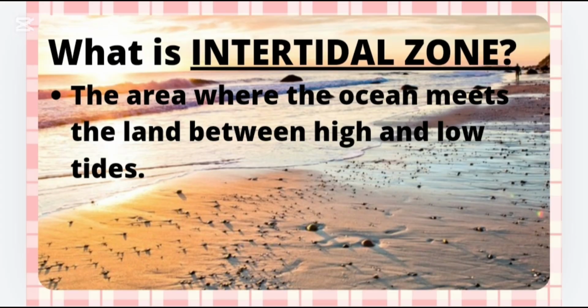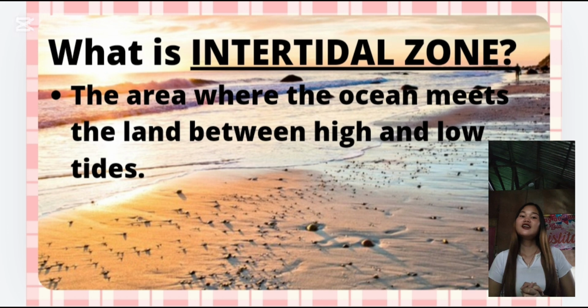What is intertidal zone? When we say intertidal zone, it is the area where the ocean meets the land between high and low tides. The intertidal zone is where the ocean meets the shore between low tide and high tides. It is subject to frequent fluctuations in water level, temperature, salinity, and oxygen levels.